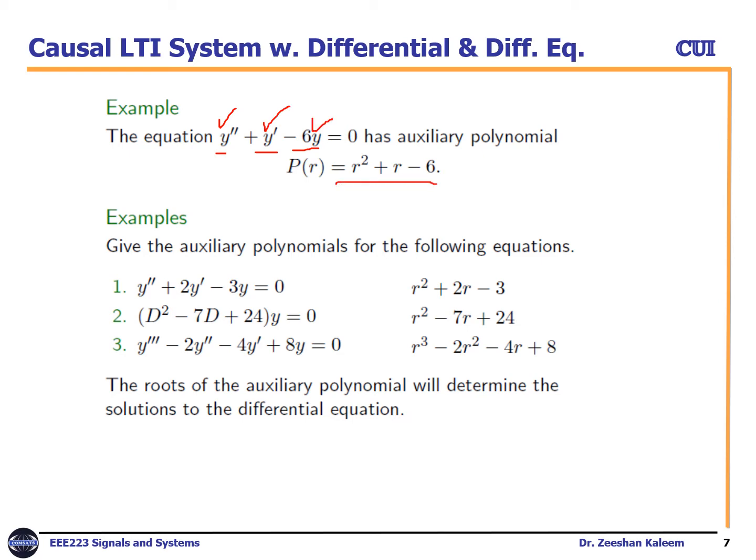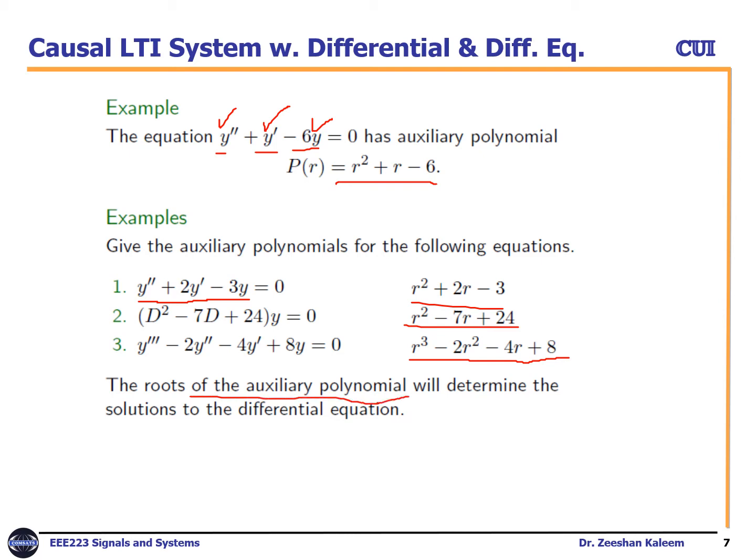There are some more examples to give practice on how to write the given equation in terms of the auxiliary equation, because using the auxiliary or characteristic equation you can easily find the roots. So y double dash plus 2y dash minus 3y gives r square plus 2r minus 3. Similarly, r square minus 7r plus 24, and r cube minus 2r square minus 4r plus 8.